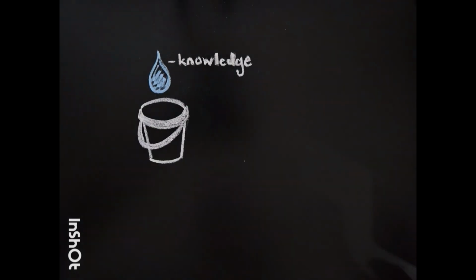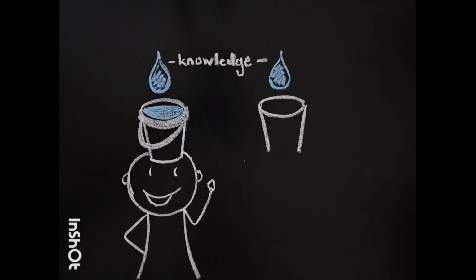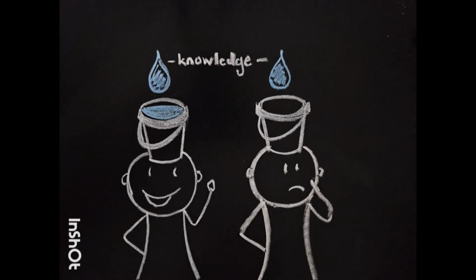Another way to visualize this is looking at knowledge as a drop of water and our brains as a bucket. Active learners try their hardest to fill up their buckets and keep the knowledge in their brains. While this is going on, passive learners may wonder why their buckets are never full.